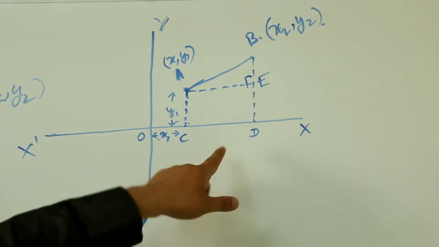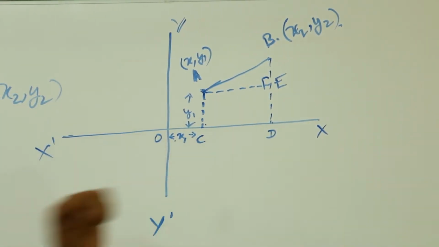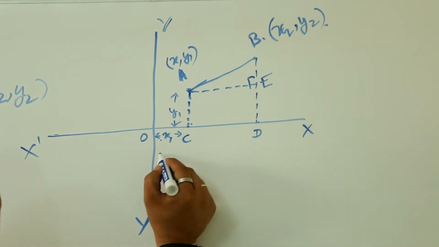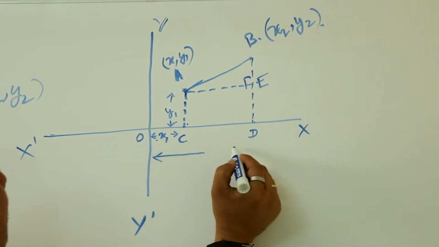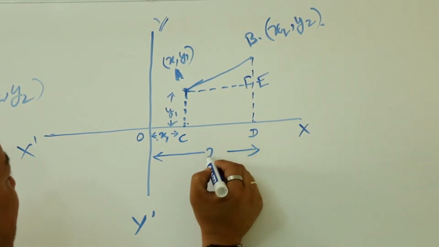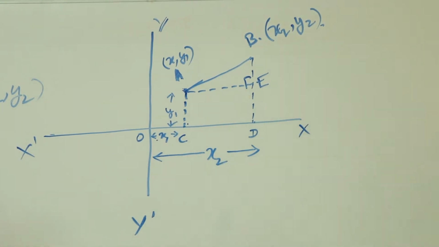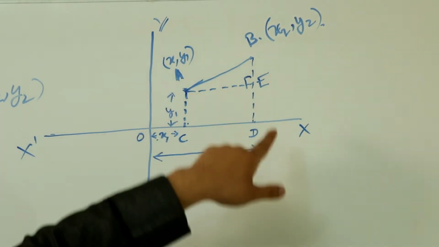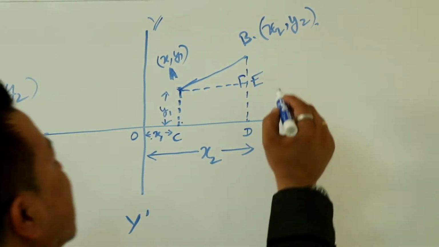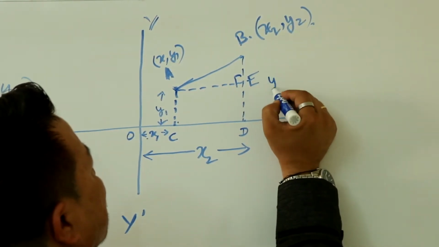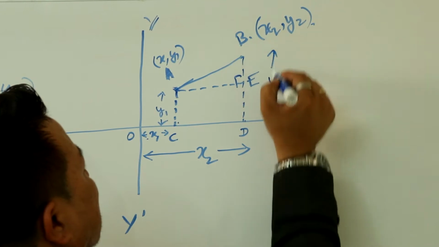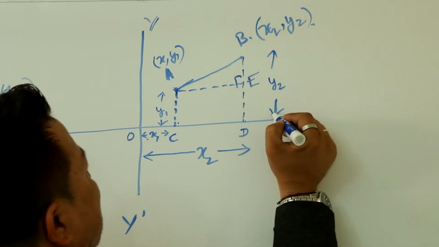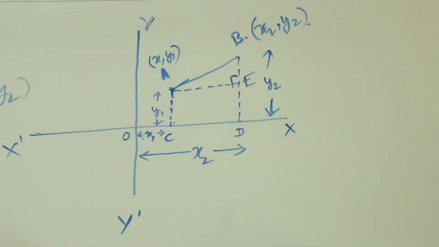Similarly, what is the distance of OD? The distance of OD is x2. And what is the distance of BD here? The distance of BD is y2.